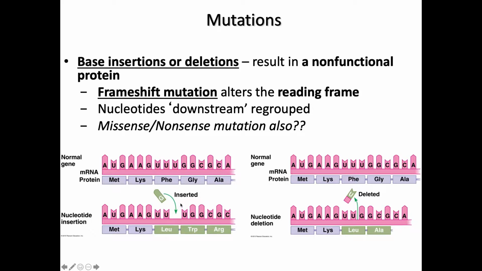These base insertions are also categorized as frame shift mutations because they alter the reading frame. It regroups and shifts everything downstream. How we read these codons is different now. We were supposed to read it like this, but now we read it like this.